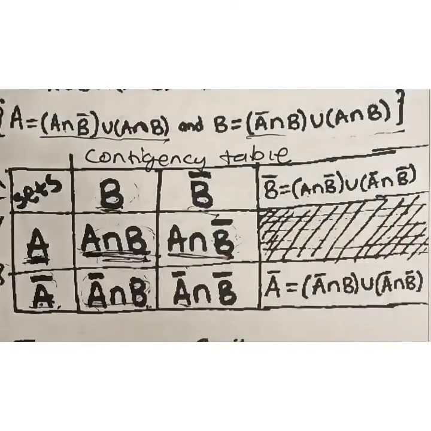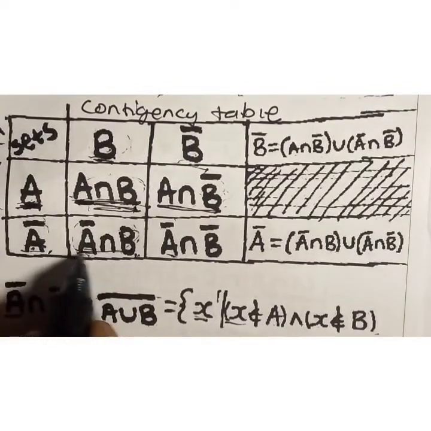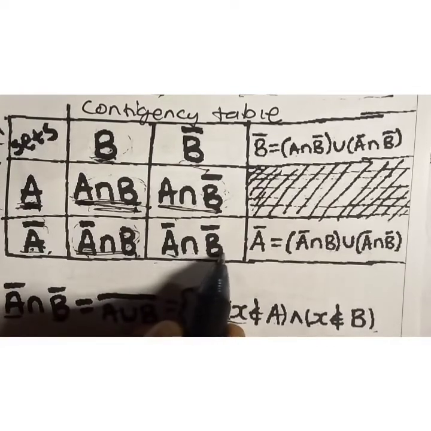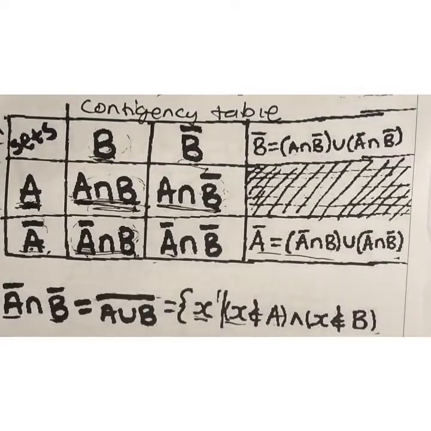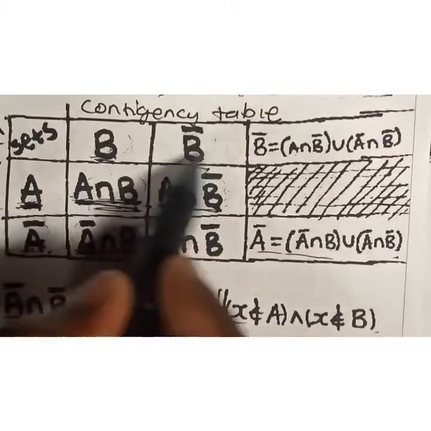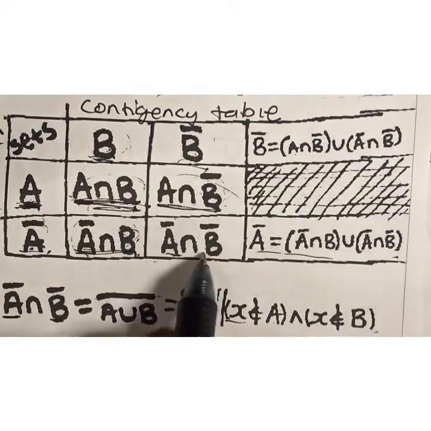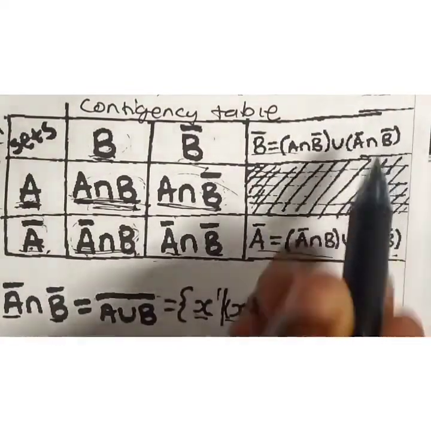And for your A complement and B complement, A complement is given by B only union complement of A intersect complement of B, which, as you can see here. And B complement is given by A only union complement of A intersect complement of B, as you can see here.